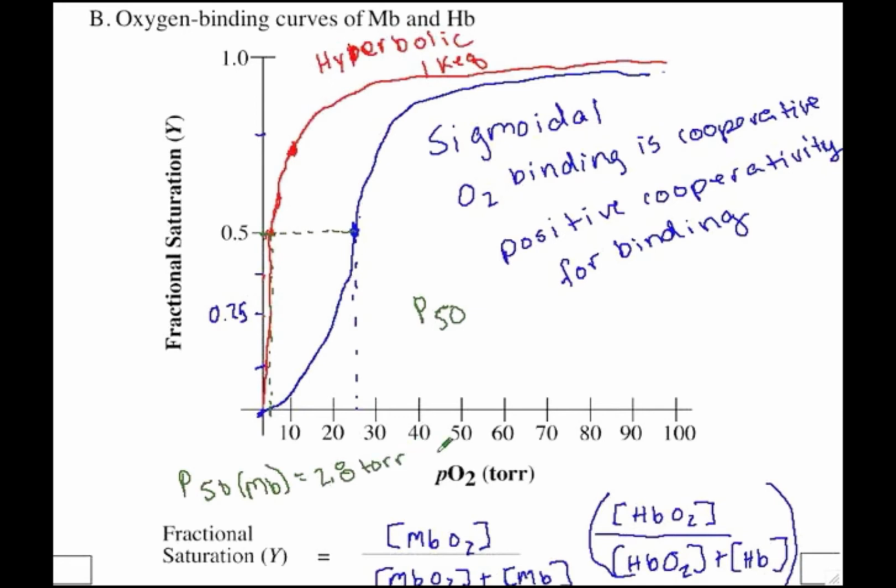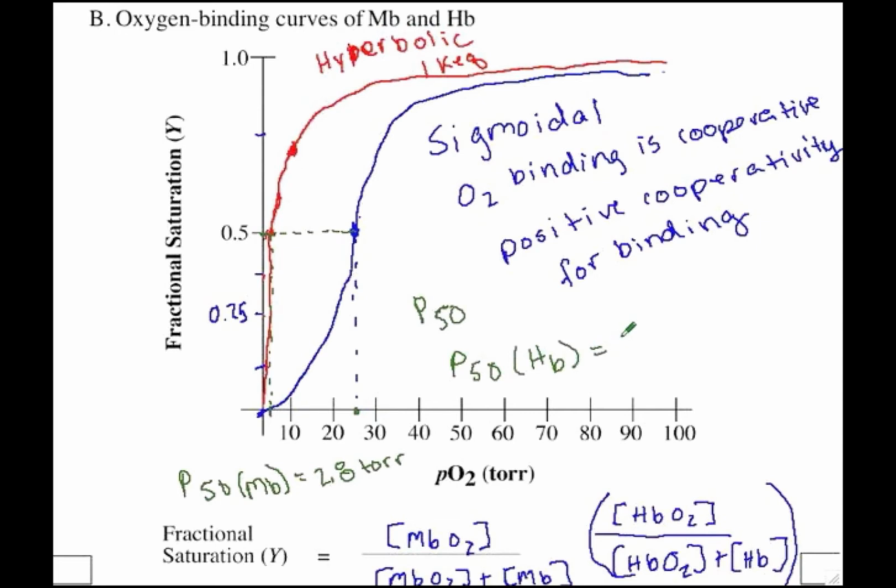Now look at how different that is for hemoglobin. At its P50, at its fractional saturation of 50%, the pressure there is 26. So the P50 for hemoglobin is 26 torr.